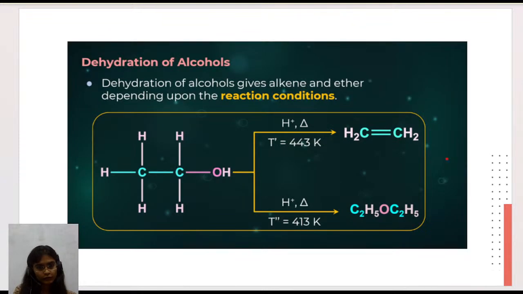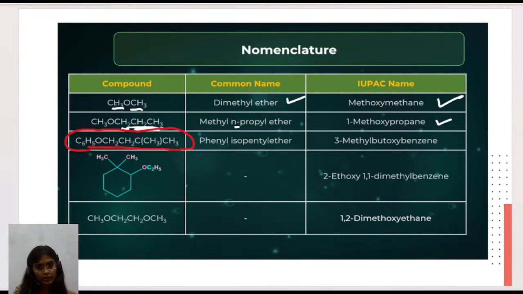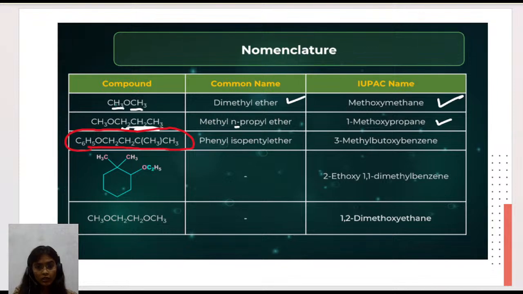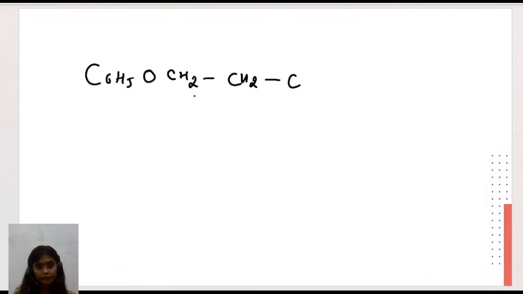C6H5O, CH2, CH2, CH, CH3 and CH3. First of all, please answer the question: what is the IUPAC name for this compound? Which one do you have to consider as the parent chain?